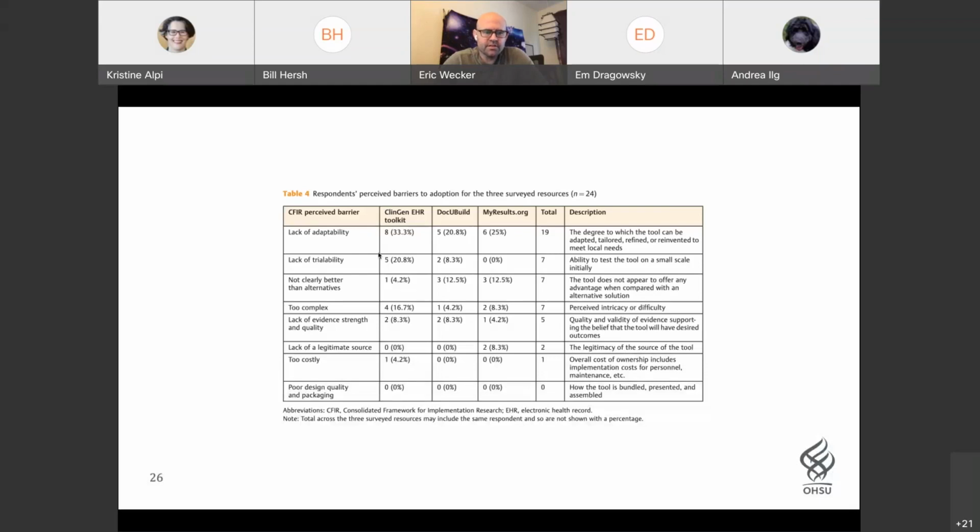So these are the CFIR barriers that were identified: lack of adaptability, lack of trialability, not clearly better than alternatives, too complex, lack of evidence strength and quality, lack of a legitimate source, or too costly. Those were the ones that were identified.